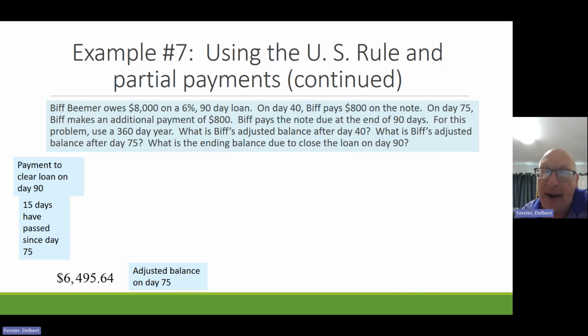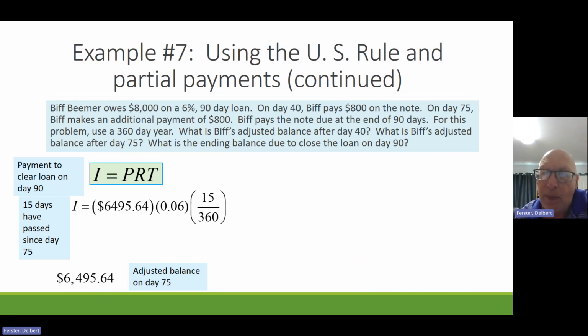From day 75 to day 90 is a 15-day window. All right, so here comes our calculation set. Notice the principal, rate still at 6% and 15 out of 360. Calculator says, okay, for that last 15-day window, we're going to owe an interest charge of $16.24. So what's going to happen on day 90? Well, on day 90, you're wiping out this loan.